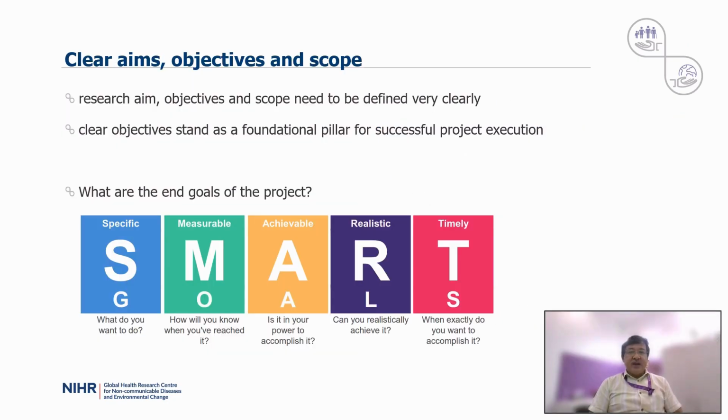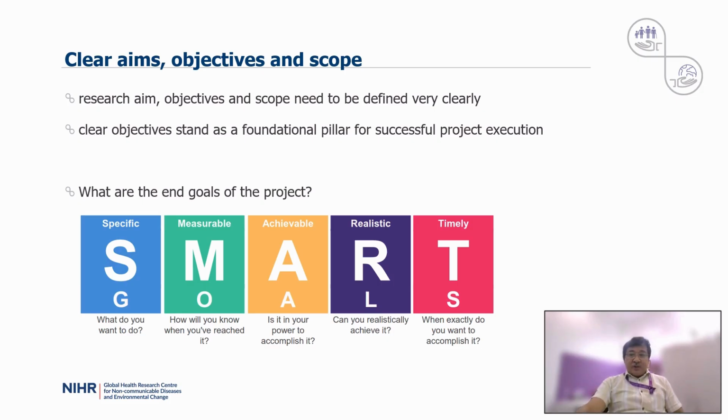So at the outset, the research aim, objectives, and scope need to be defined very clearly so that all those involved in managing the project understand the purpose of the project and its desired outcomes.